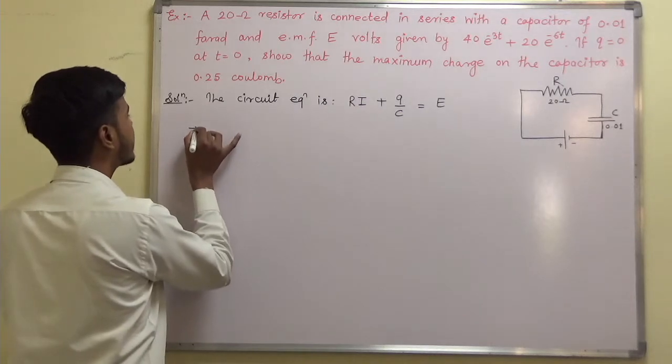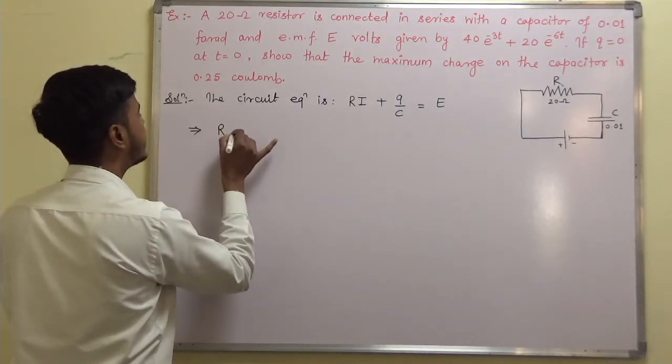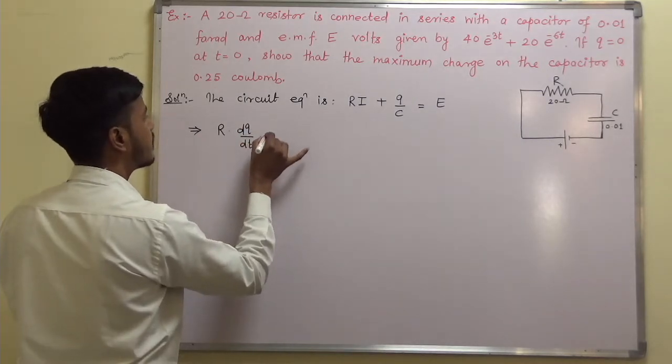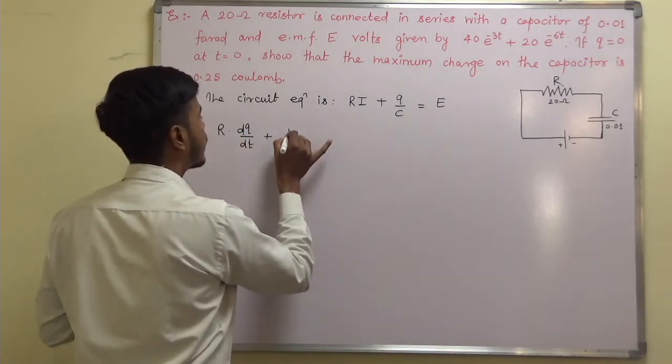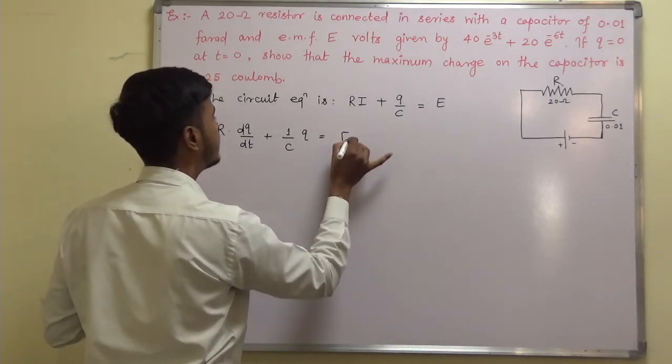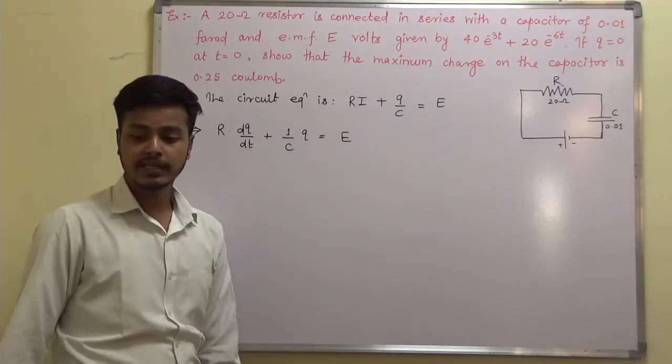Okay, so I am going to write this one as R dq/dt plus 1/C Q is equal to E. Is it okay?